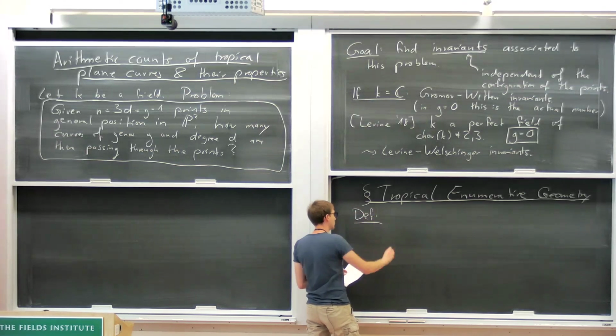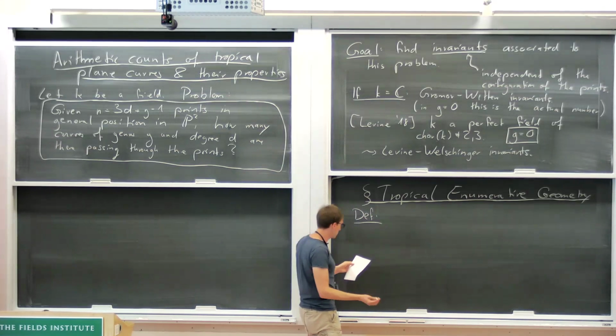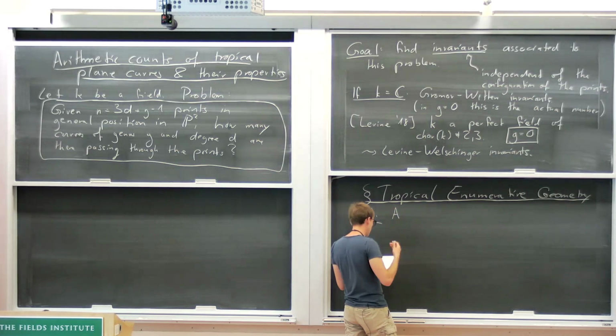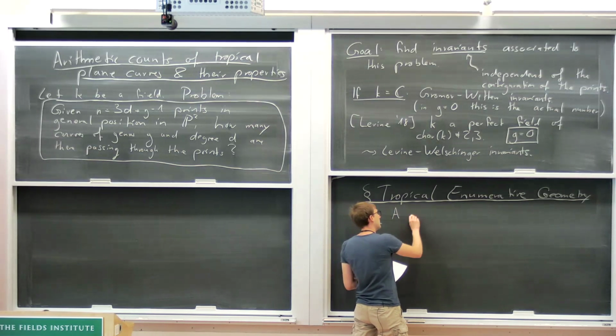And to do so, the first thing that we have to understand is, well, what is a plane tropical curve? So let me give you a very, very quick sketch of a definition.